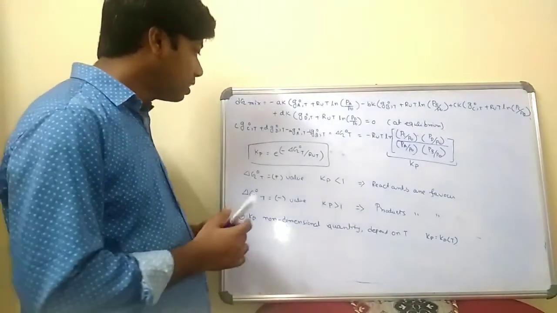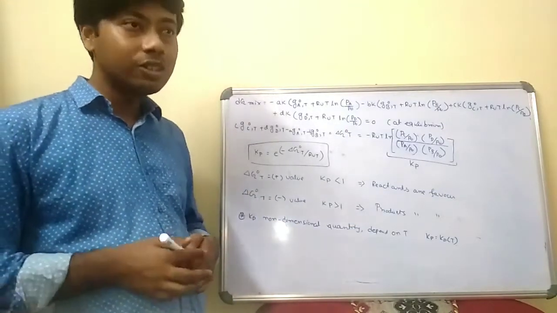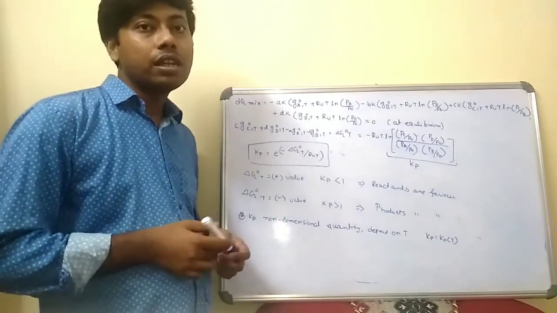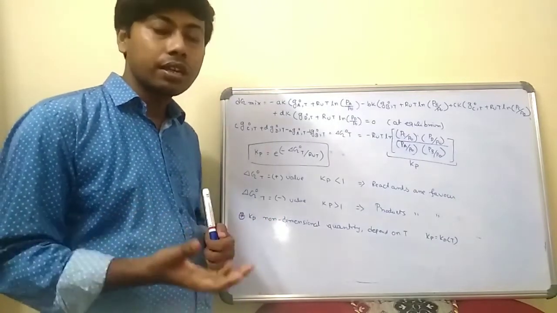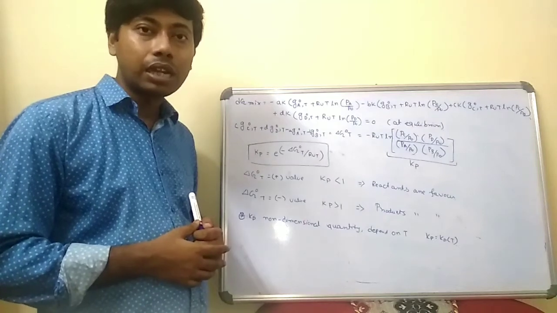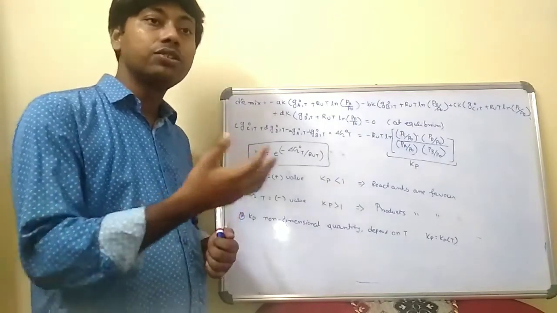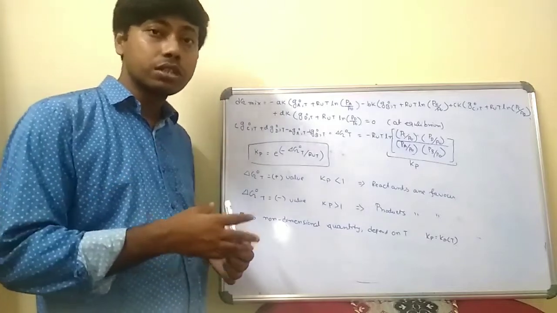Okay, so these are the things for the particular chemical equilibrium. If it is an adiabatic process, then you can apply only the second law of thermodynamics. And if it is a non-adiabatic process, then we can introduce the Gibbs free energy and Helmholtz equations.